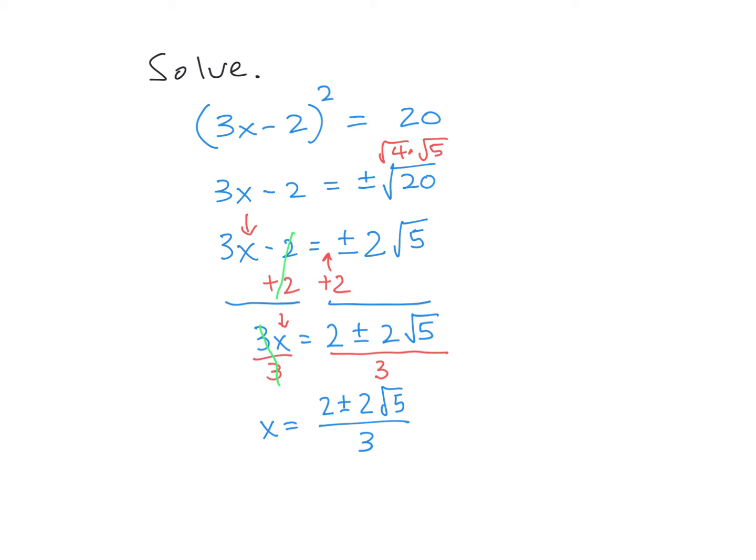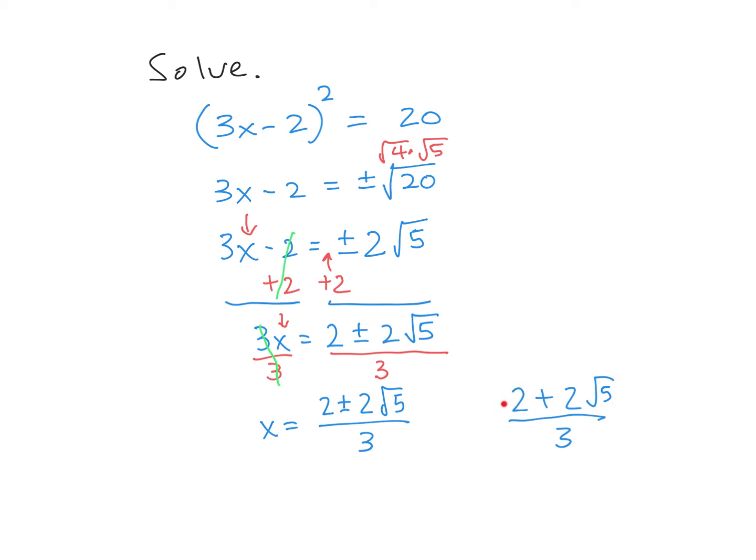Let's consider what would happen if I were to split this up and write the plus in one expression and the minus in the other expression. What would happen? If I had 2 plus 2 square roots of 5 divided by 3, we don't have to worry about the 3, but think about this right here.